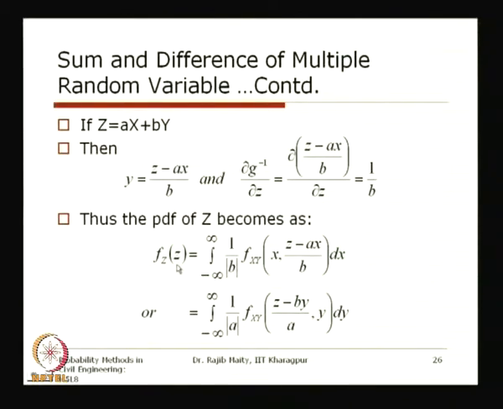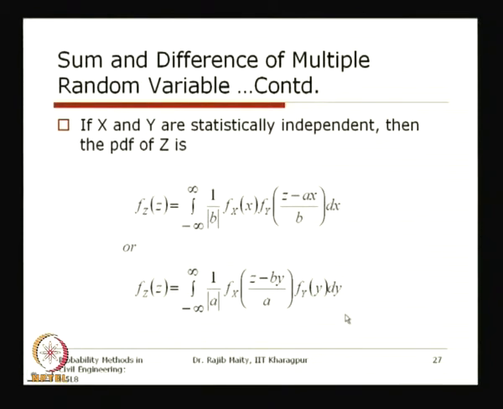So from the basic equation, fZ(z) is equal to the integral from minus infinity to plus infinity of the modulus of this derivative times fX(x, (z minus ax) by b) dx. Or we can replace it the other way: x equals (z minus by) by a, in which case the derivative will be equal to 1 by a, and the integration will be with respect to y. This also we can do.